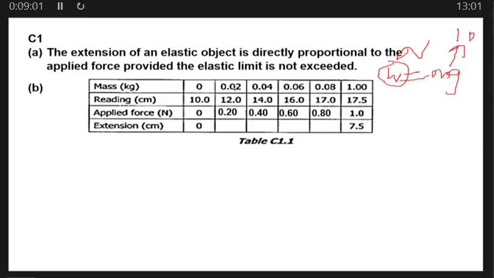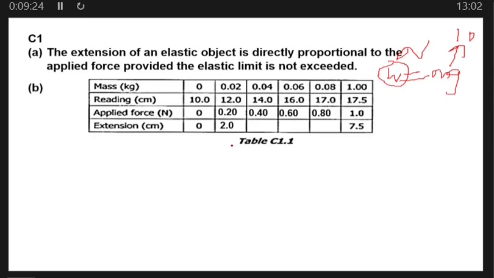Now when this mass is hung to the spring, the extension moves from 10 to 12. So by how much did this spring extend? It is just by subtracting 12 minus 10, which will give us 2.